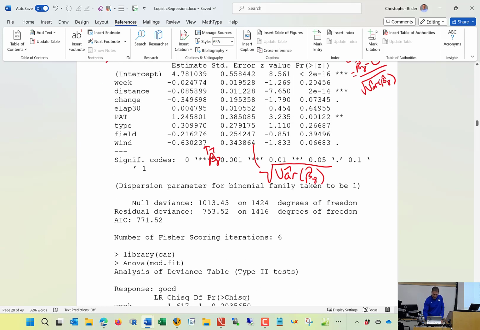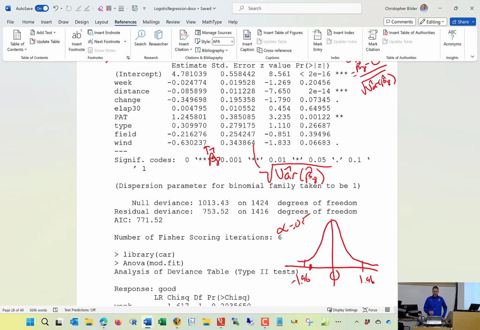Now, as you might expect, since we're using z here, we're going to use a standard normal approximation. So here's my standard normal distribution centered at 0. And if I use, let's say, alpha of 0.05, and this should be familiar, I have negative 1.96 here, I have positive 1.96 here. We see that my test statistic of negative 1.83 falls right about there, so it's close to that borderline for rejection.